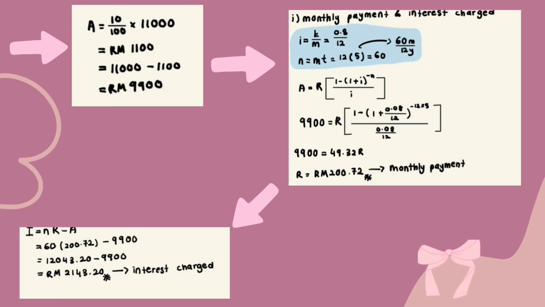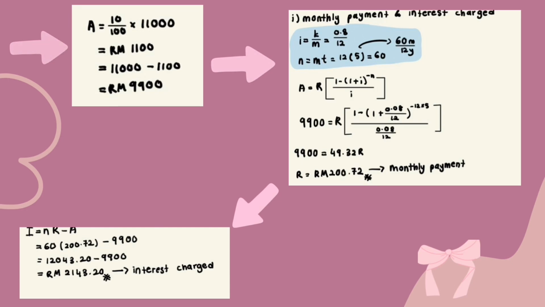A equals R in bracket 1 minus in bracket 1 plus I to the power of negative N, divided by I. A is 9,900 equals R in bracket 1 minus in bracket 1 plus 0.08 divided by 12 to the power of negative 12 times 5, divided by 0.08 divided by 12.